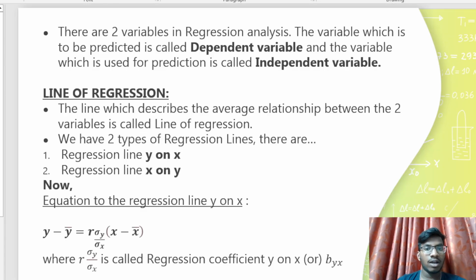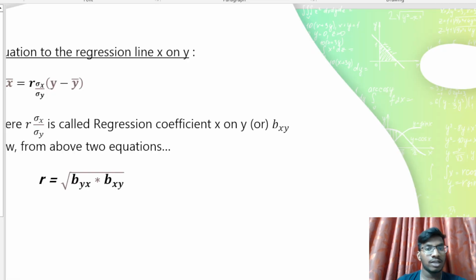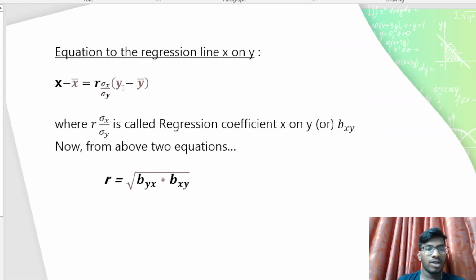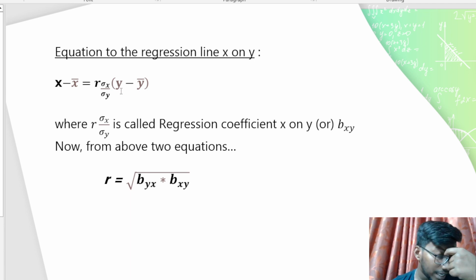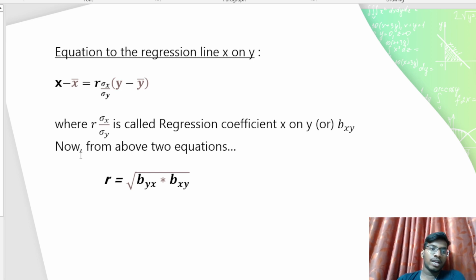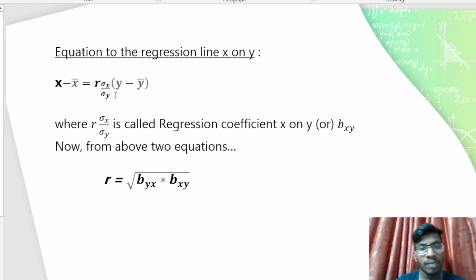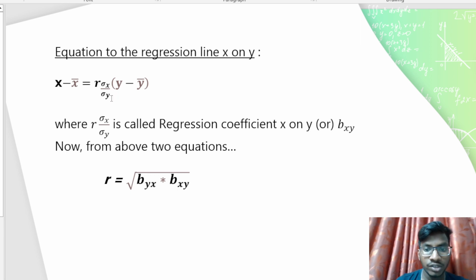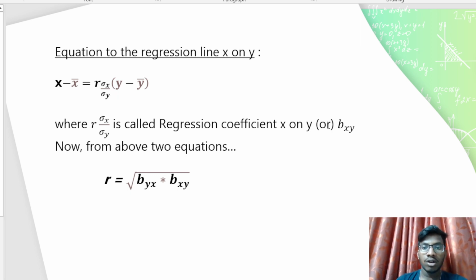In y on x we used y minus y bar, whereas in x on y we use x minus x bar. Here the independent variable is y and the dependent variable is x. By changing the values of y we can get different values of x. Here r into sigma x by sigma y is called the regression coefficient of x on y, also denoted by b suffix xy.